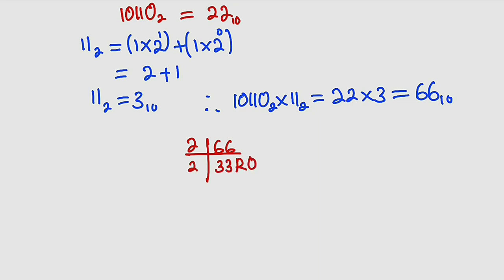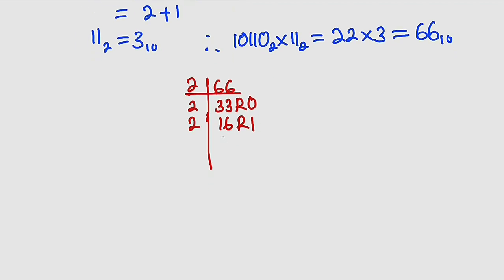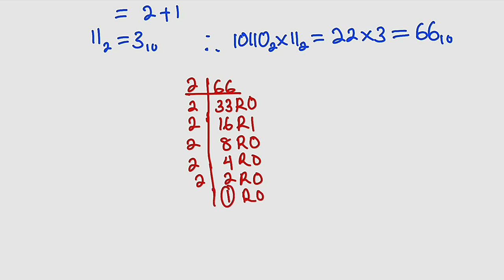Then you plug in 2 again. 33 divided by 2 is 16 with a remainder of 1. We continue doing the same thing. 2 into 16 is 8 without remainder. 2 into 8 is 4 without remainder. 2 into 4 is 2 without remainder. 2 into 2 is 1 without remainder, but 2 cannot divide 1, so we stop here.